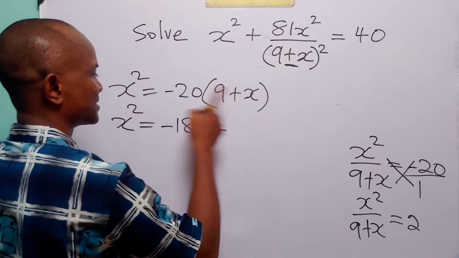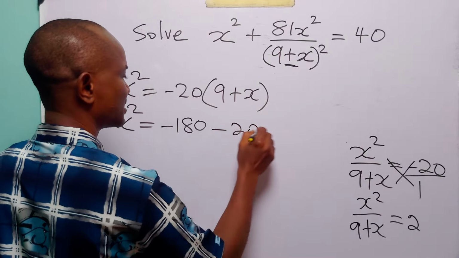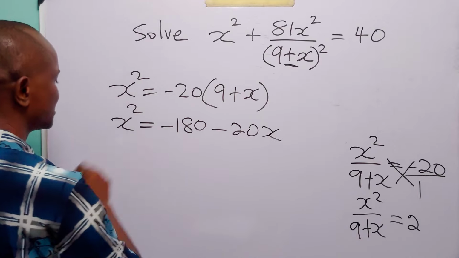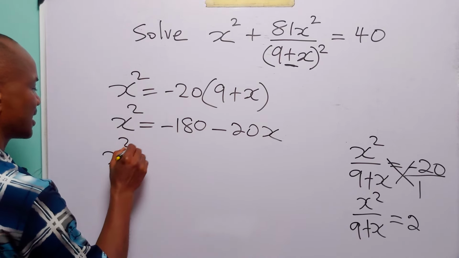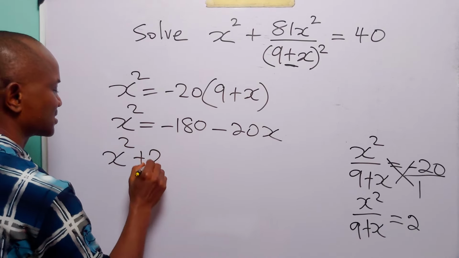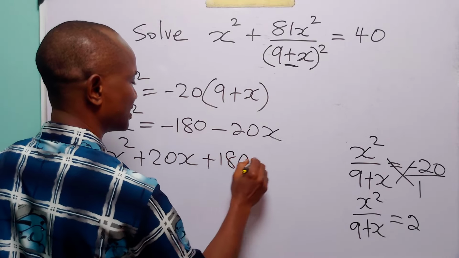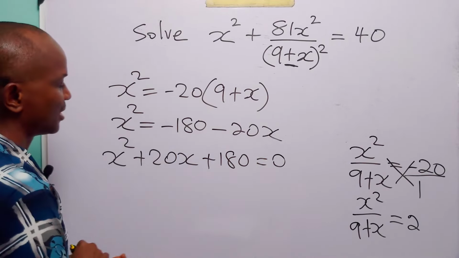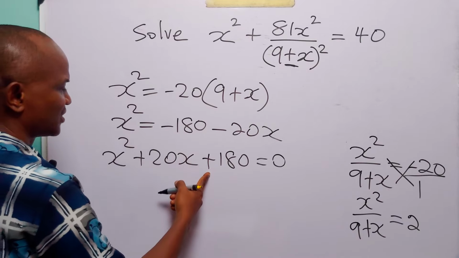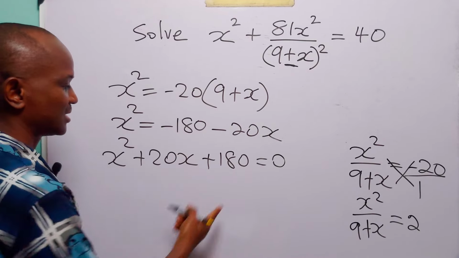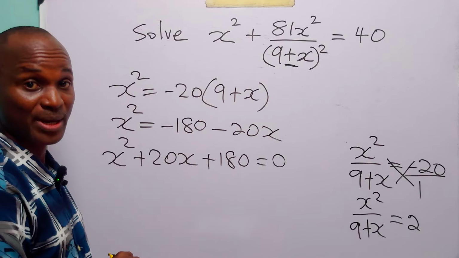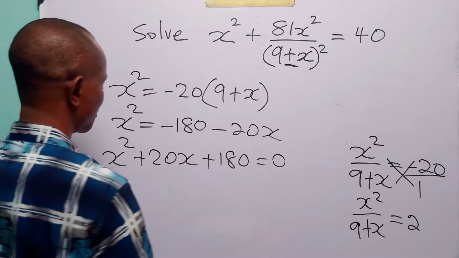Minus 20 times x is minus 20x. Rearranging this equation, we have x squared plus 20x plus 180 is equal to 0. Now, because of these two signs, I doubt that this equation has real roots. But let us be sure.